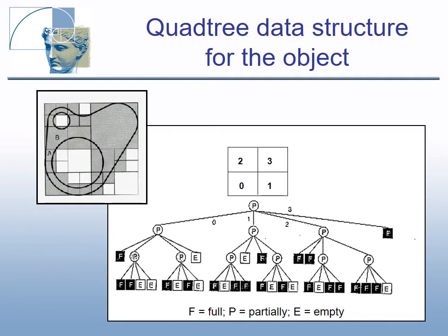The quadrant is full if all of the smallest cells intersect the object. This happens with the upper right quadrant, number 3. So, it is marked as full, shown by a black node in the tree, the rightmost node, and is not subdivided anymore.